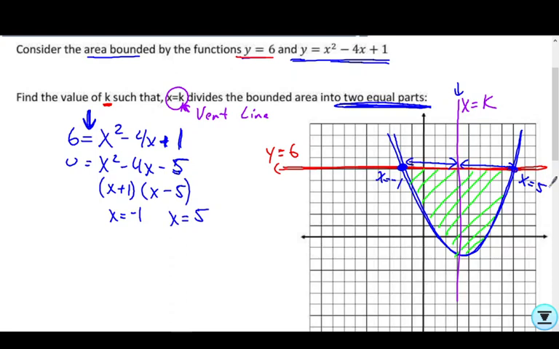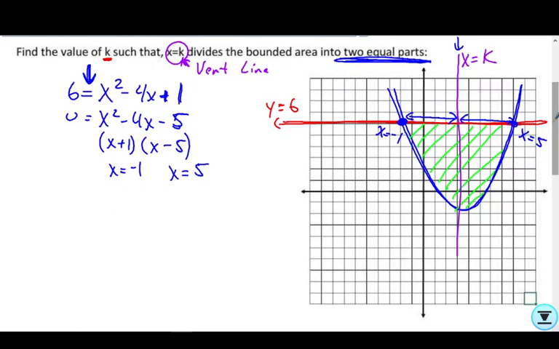That means my first area starts at -1 and ends at some k value that we don't know. And then the other area is going to start at k and go to 5. And we know that those two areas have to be equal. So basically, we have this going on: the integral from -1 to k of 6 minus x squared minus 4x plus 1 dx.